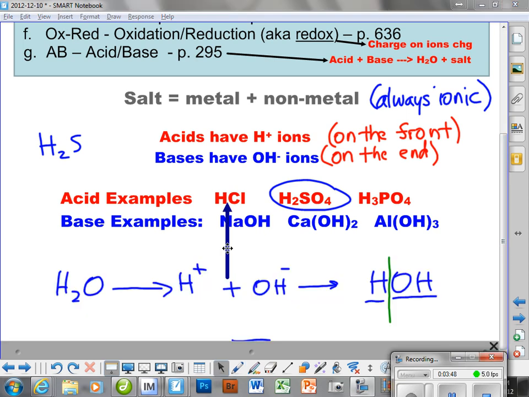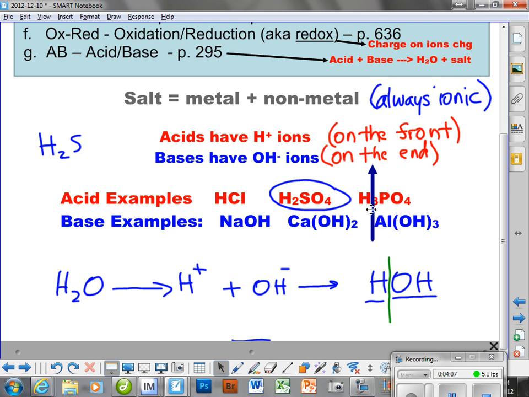So one more time, hydrochloric acid, sulfuric acid, phosphoric acid. And here where you see the hydroxides on the end of the molecule, that's what we're saying up here, right? Bases have hydroxide ions on the end.